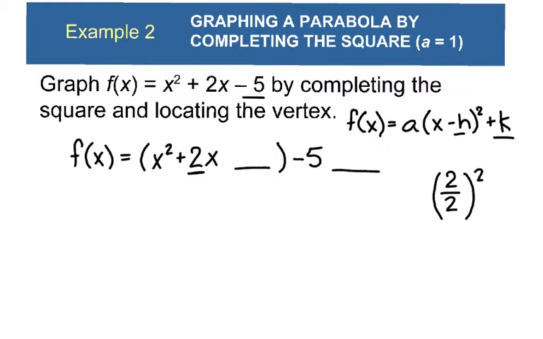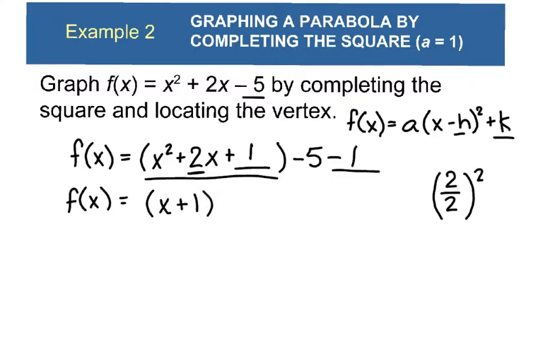For the first one, we're always going to add that number, and that number is 1. And in the second one, we're going to subtract that number. So now we factor what's in this set of parentheses, which factors to x plus 1 squared.